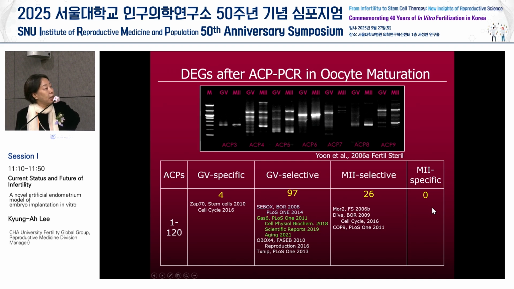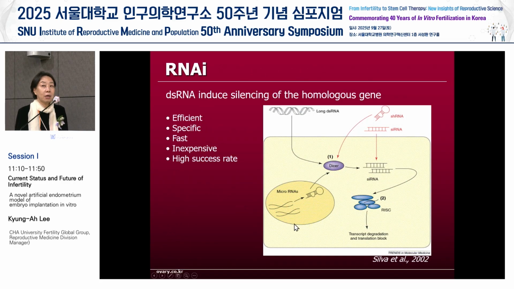From that time, if students came to my lab, they could find their interesting genes, and we did loss of function studies from that time. I was lucky to have the RNA interference technique from the year 2002, because I couldn't have the knockout animal technique.